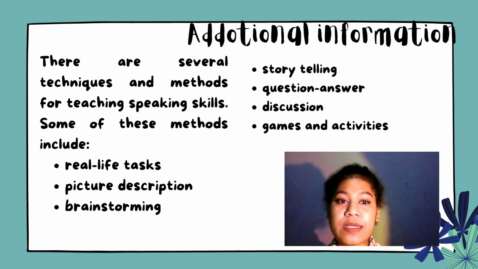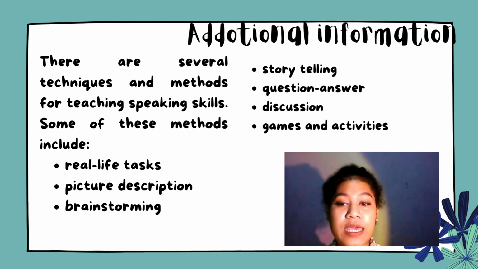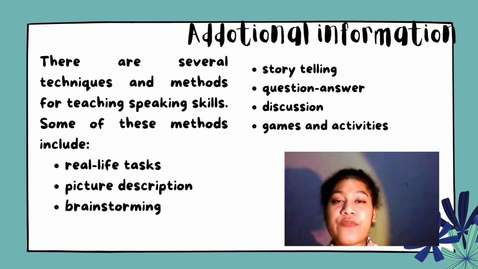Some of the methods include real life text. Using real life text as a part of the teaching process can help students learn how to use language in a meaningful and logical explanation. This method can be particularly useful for teaching speaking skills.